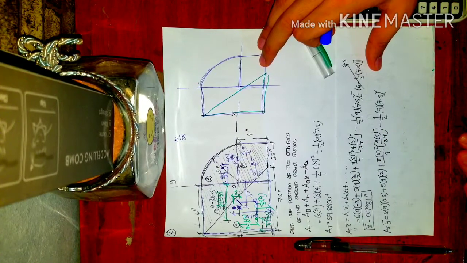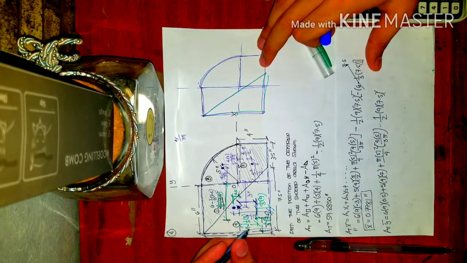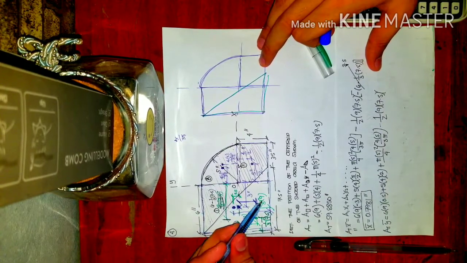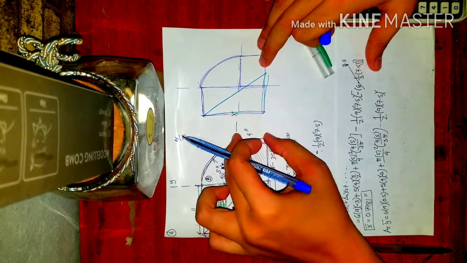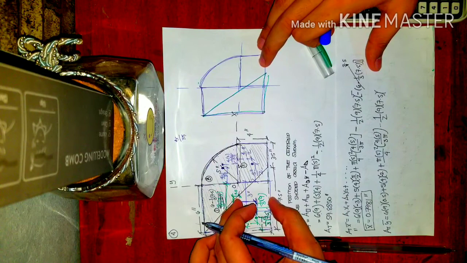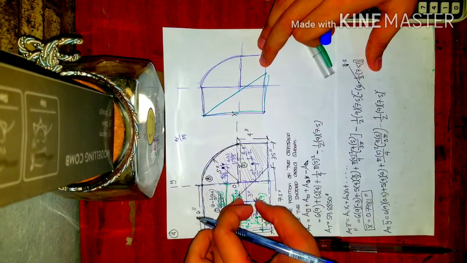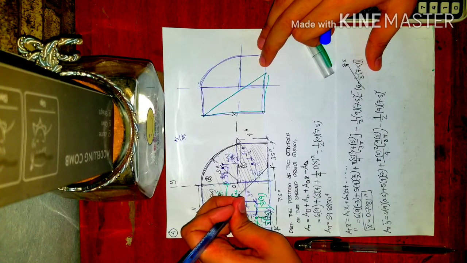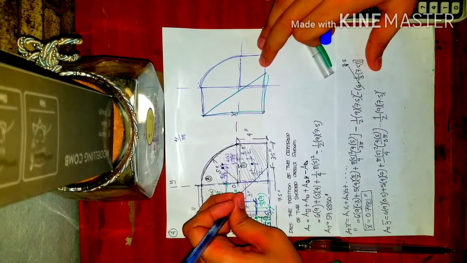Okay, so paano mo malalaman yun? Okay, so knowing this as ito, di ba yan ay equal sa 1/3 ng 9? And knowing this as 4, so 4 minus 1/3 ng 9, makukuha mo to. Ano? So 4, medyo magulo, ano?